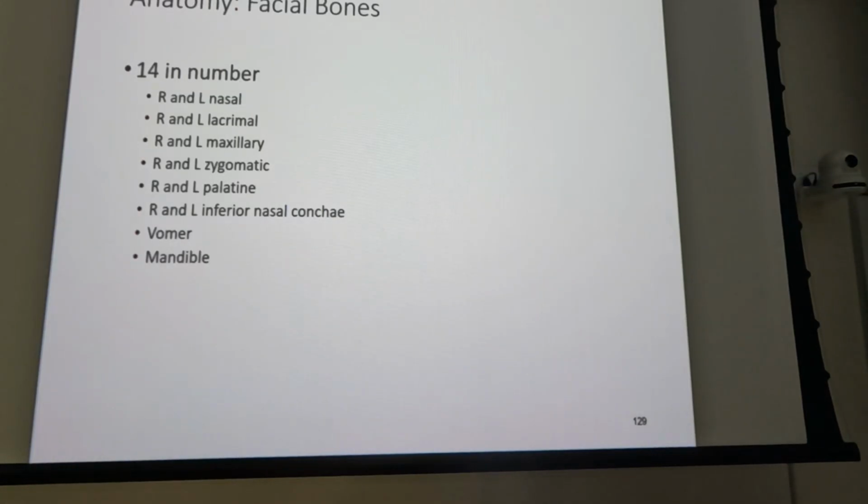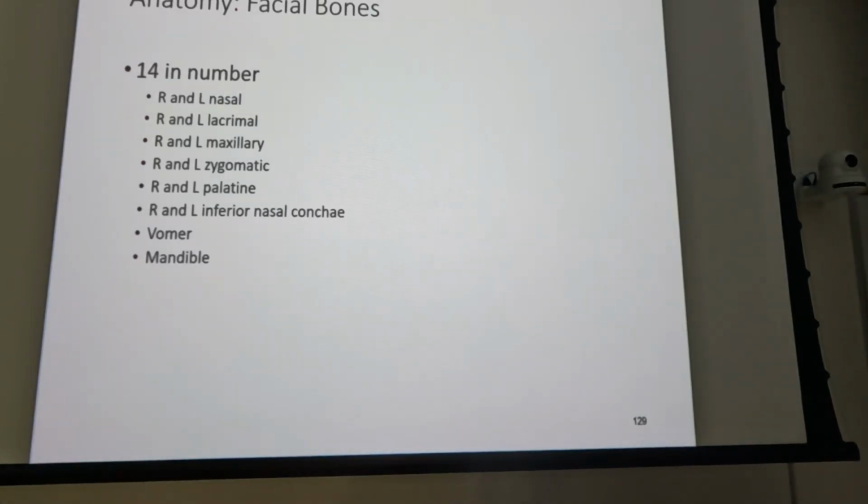Very, very, very thin bones. And by virtue of how thin they are, they theoretically could be fractured very easily. I don't know that I've ever in my entire career seen somebody with a broken lacrimal bone, but theoretically, because of how thin they are, they could be broken very easily. The nasal bones, on the other hand, stick straight out front.